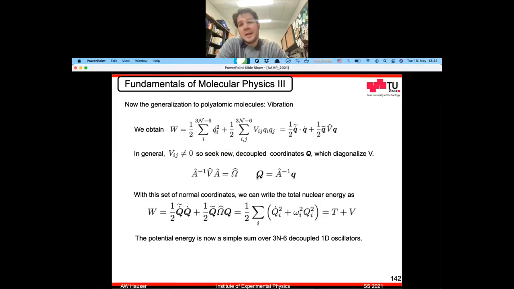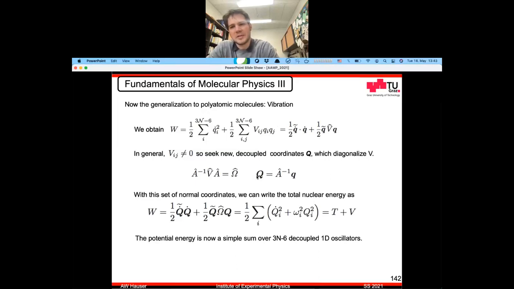If I say it is enough to expand to second order, in this case, the problem decouples, and the total vibrational energy is simply the sum over the energy contributions of each of these decoupled one-dimensional harmonic oscillator oscillations.